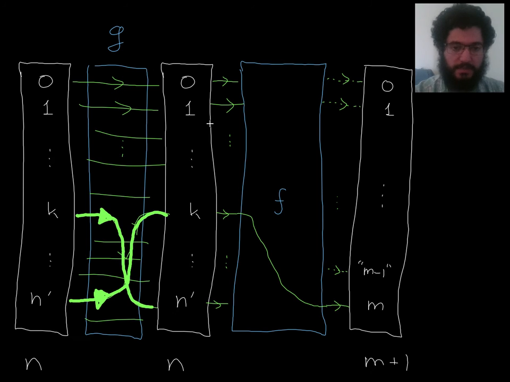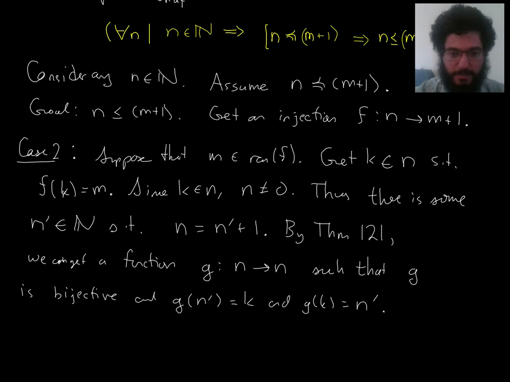So what's next? I'm trying to put myself in a situation where I can use the induction hypothesis. So let's pay attention to g followed by f. So f composed with g maps n to, let's see, f goes n to m plus 1. g goes n to n.